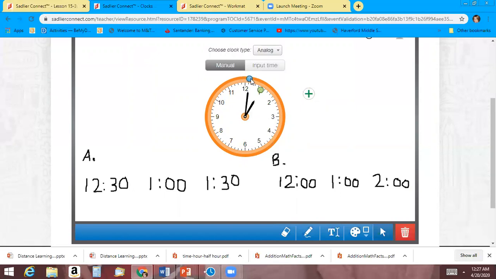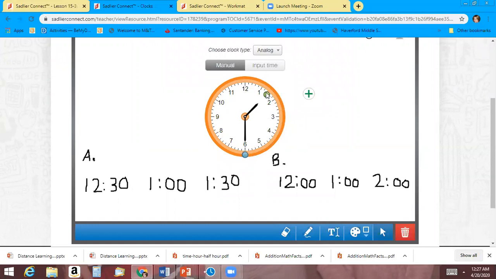Now I want to show 1:30. So I want to take my minute hand and put it on the 6, and I want to take my hour hand and it's going to go halfway between the 1 and the 2 to show 1:30, that it's halfway. So when I did this pattern, 12:30, then 1 o'clock, and then I moved again and said, okay, here's 1:30.